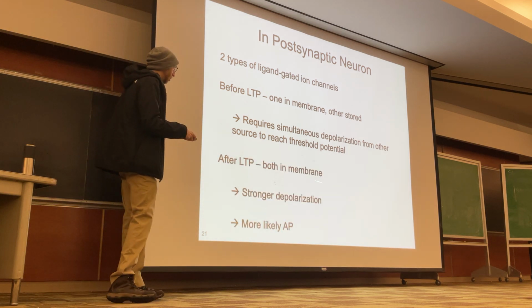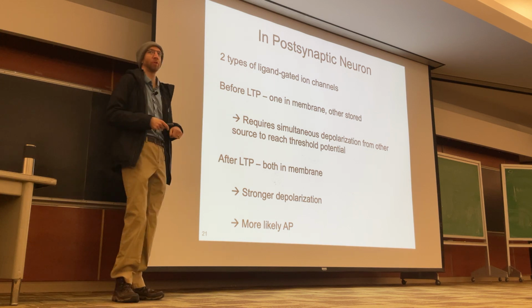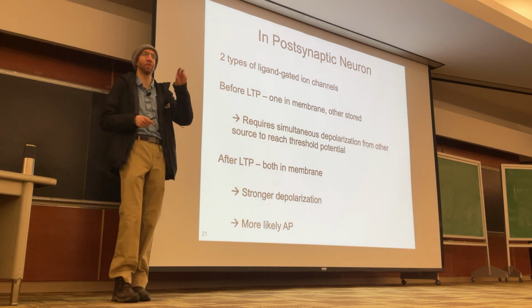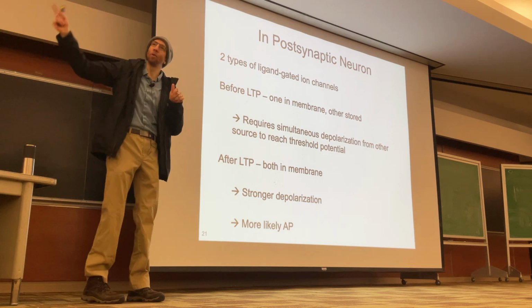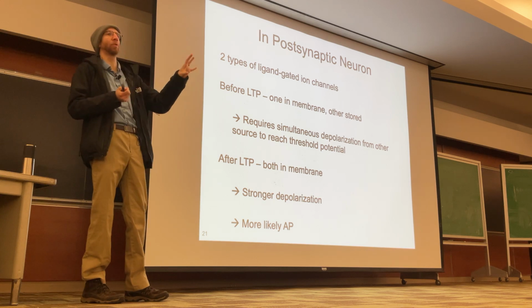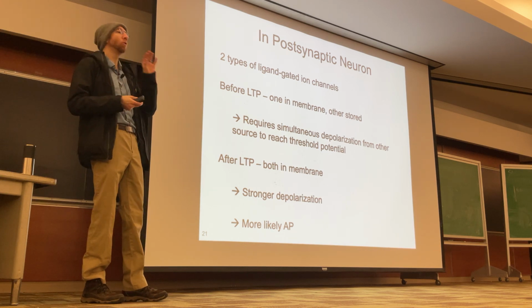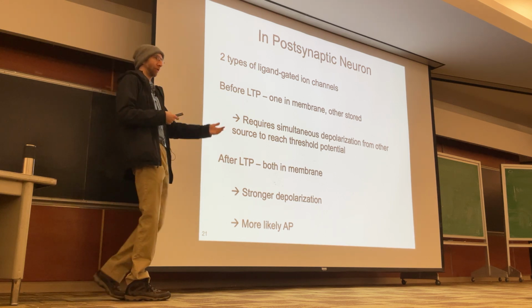Now, after long-term potentiation, you're going to have both of those types of receptors in the membrane at the synapse that you strengthened. So you no longer need a signal from another synapse to help you depolarize. You have enough receptors right there. The only thing you need after long-term potentiation is temporal summation.